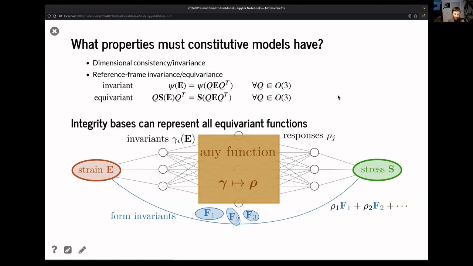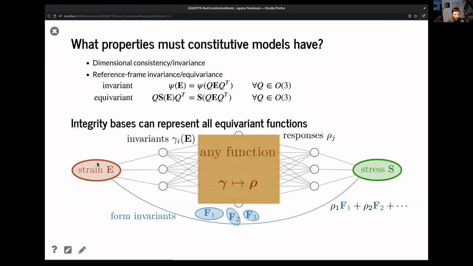And so there are some good ways of modeling systems like this. The integrity bases have been very popular for this purpose. And if you design an architecture, it's written here looking sort of like a neural network, but that's not at all necessary.